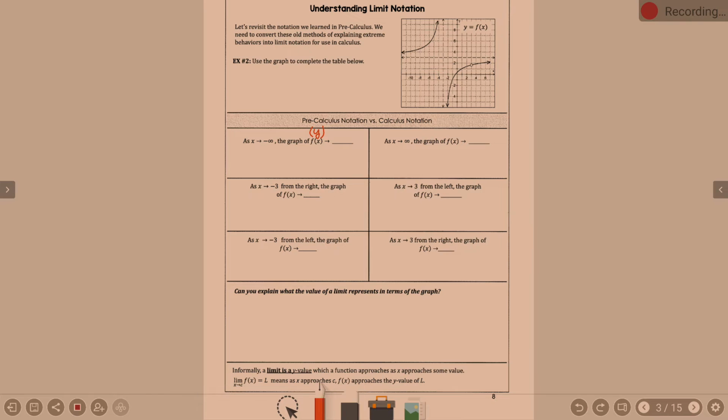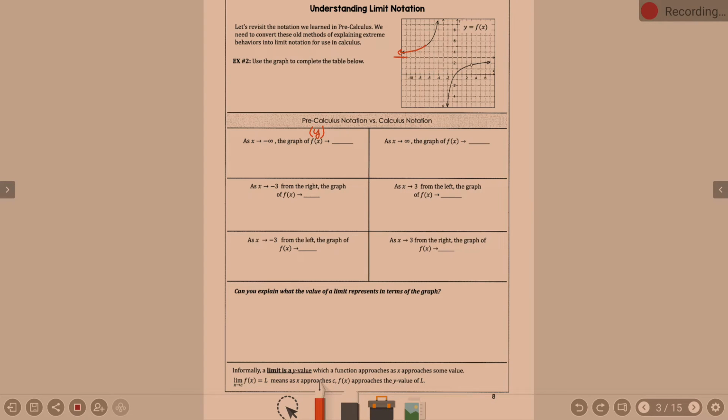As you move left, what is the height of your graph approaching? Negative infinity? No, wait, that would be approaching 3. As x is approaching negative infinity, what y value am I getting closest to?